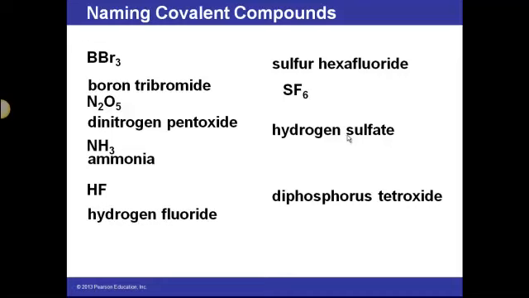How about this one? Hydrogen sulfate. Ooh, sulfate is one of our polyatomic ions that we learned before. So if we look at our chart, we know the sulfate is SO4, and we know the charge on that is 2 minus.